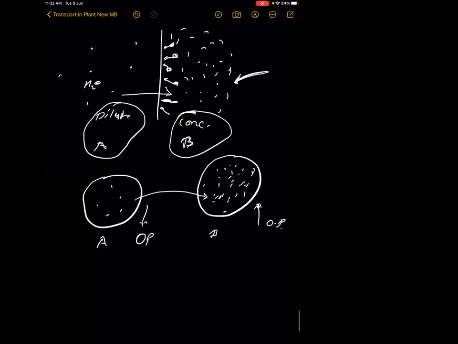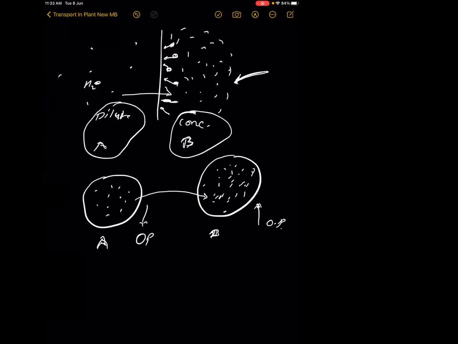So for example, we take two cells. This is the dilute solution cell, and the B cell is the concentrated solution. So both have osmotic pressure. It is not pure water, it is solution, but a less amount of solute is dissolved in this A cell. In B cell, more solutes are available. So in that condition, water always moves from lower concentration, or you can say lower osmotic pressure, to higher osmotic pressure.